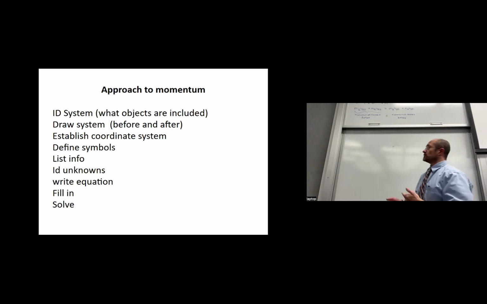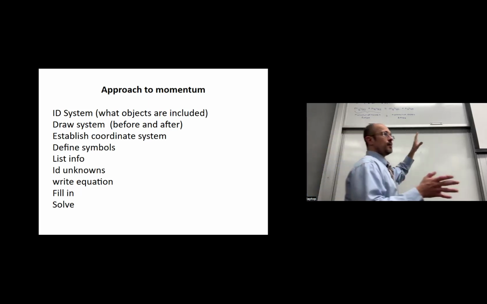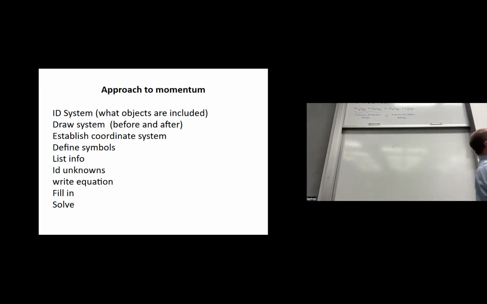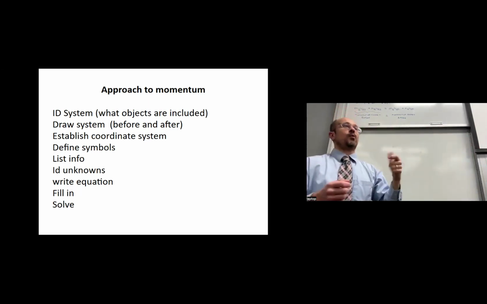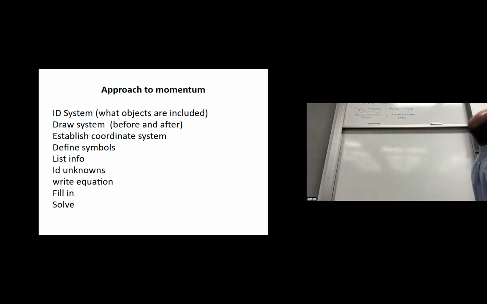I'll define my symbols. So what I'm talking about here is, am I going to call them initial and final, before and after? You can pick whatever you want, but you need to come up with a symbol set that you want to use to track befores and afters. I usually call my objects 1 and 2, and then I use before and after or initial and final.